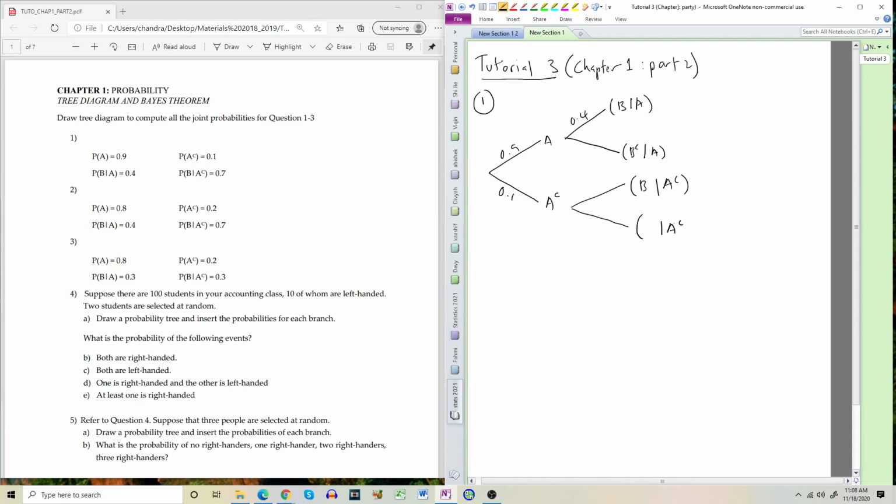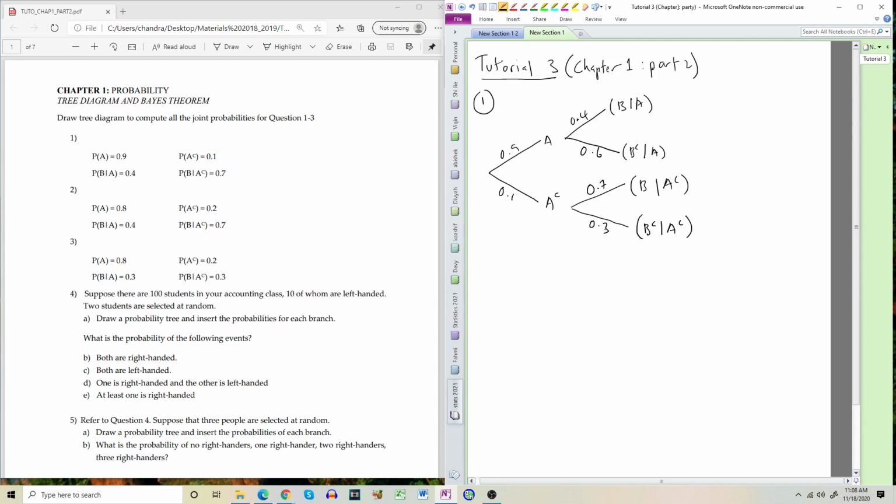And A complement happens first, what is the probability of B complement? This is 0.7, this is 0.4, this is 0.6 and this one 0.3. That's how you have to see it. This is how you have to draw the tree diagram.